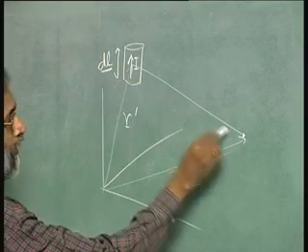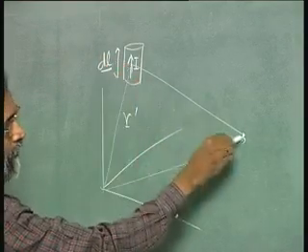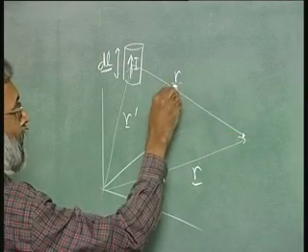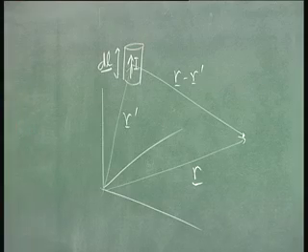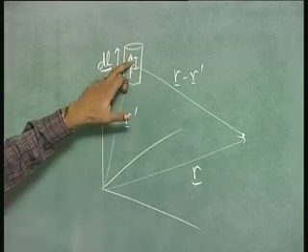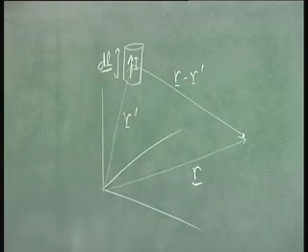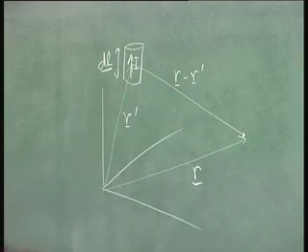So, this arrow going from the current element to where my measurement, my magnet is standing, is R minus R prime. That is because R prime plus this distance is equal to R. So, if I just shift things around, this distance is R minus R prime.